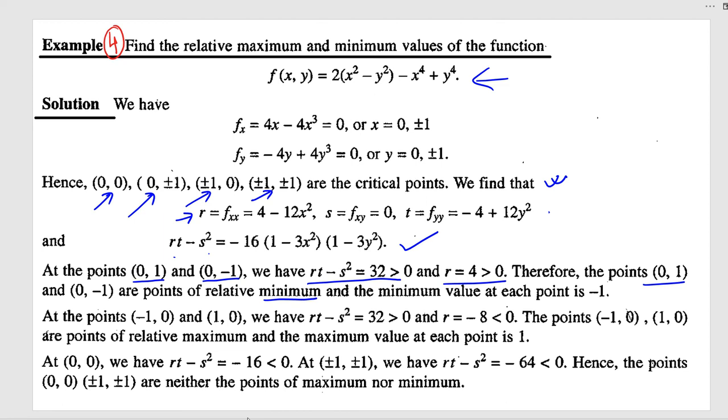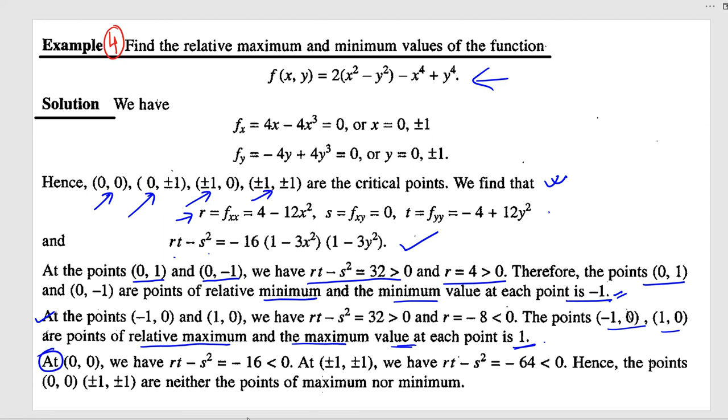And the minimum value you find by substituting these values. So it will be minus 1. But if you look at the other points, these points are actually relative maximum points, so the value is positive 1.